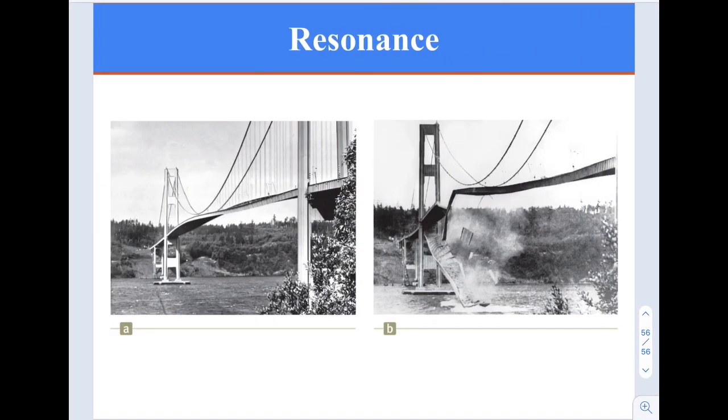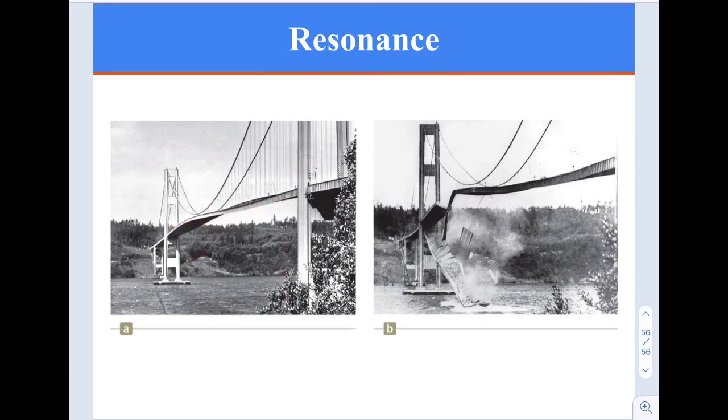Resonance is sometimes not so good for us, sometimes it's good. For example, a long time ago there was a bridge built without considering the wind that exists within this area.